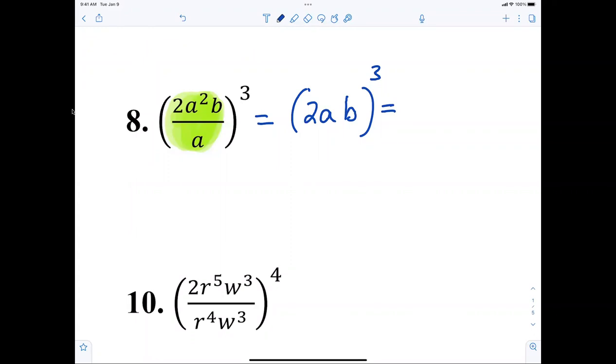And what's 2 times 2 times 2? 8. You with me now, right? All right, that's why I'm saying silly mistakes. 8a to the what power? And then b to the what power? 3rd. Why is it 3rd? Yes, 3 times 1. All right, ask me a good question, please.